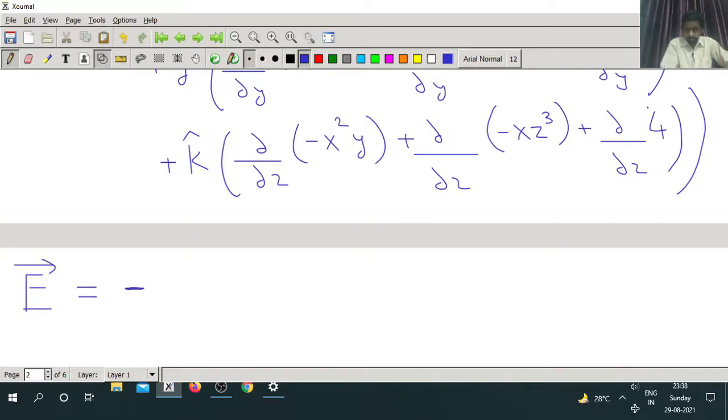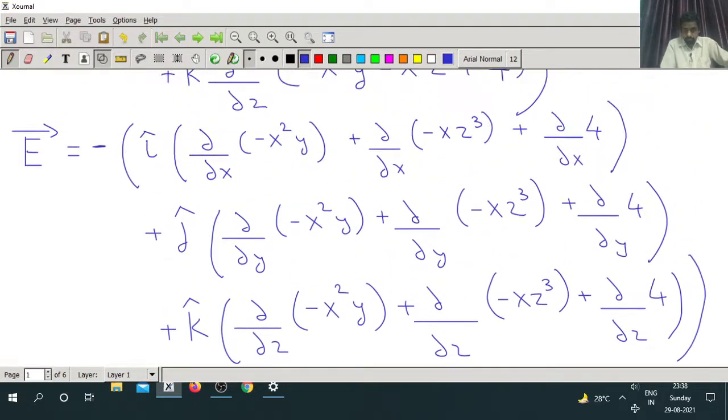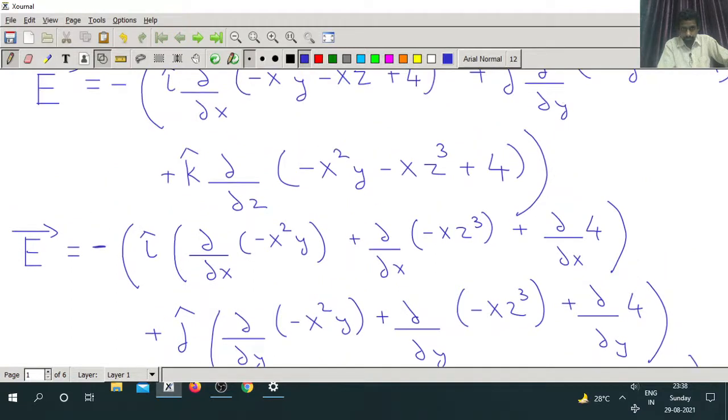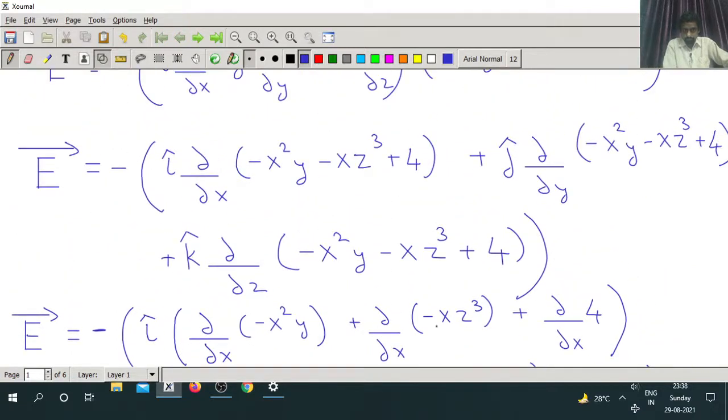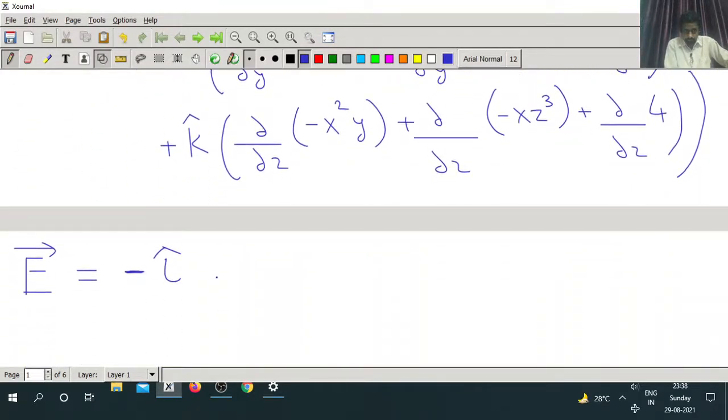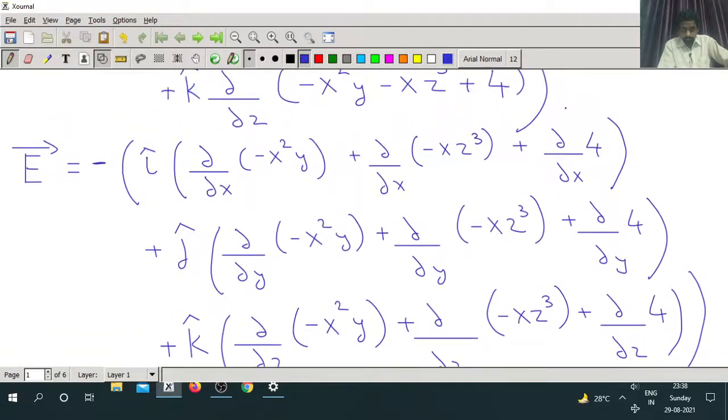That is minus, the first is I cap over here, minus I cap. Now when we differentiate these terms with respect to x, this will be minus 2xy, and here that will be minus 1.